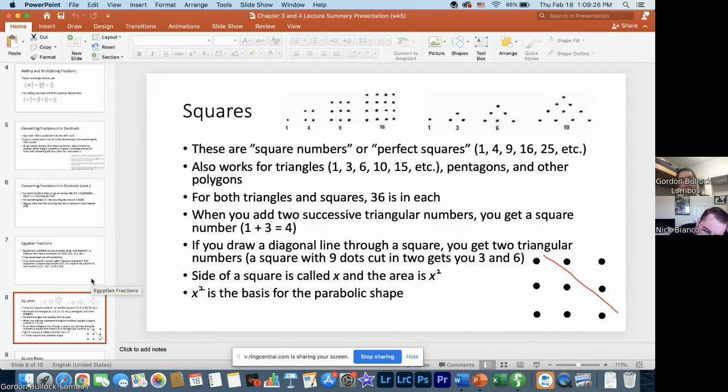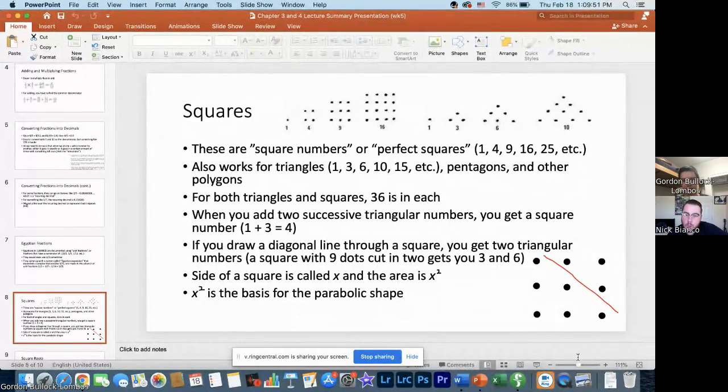Like 1 and 3 equals 4, or even 1 plus 9 is 10, which is a triangular number. And then that can go the other way. So kind of like what I did here, if you're drawing a diagonal line through a square, you're going to get two triangular numbers, like this 9 thing that makes 3 and 6.